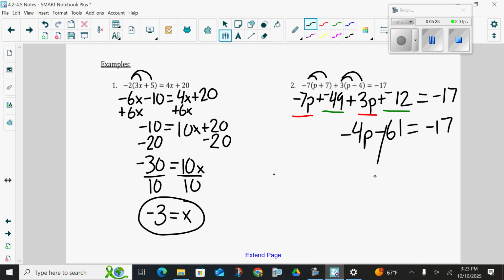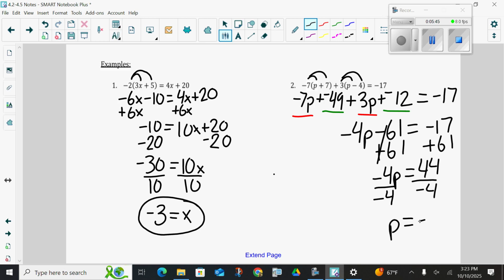From here, I'm going to add 61 to both sides, and I get negative 4p equals 44. When I divide both sides by negative 4, I get p equals negative 11. And that is my answer.